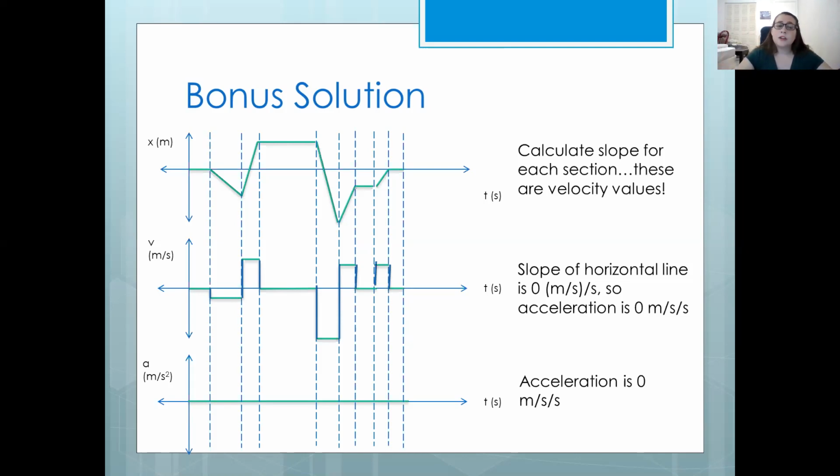But each portion of that velocity graph is a horizontal line. And so the entire time, even though we had this crazy up and down position time graph and this crazy up and down velocity time graph, our acceleration is still 0, because all of those velocity time sections are horizontal lines.